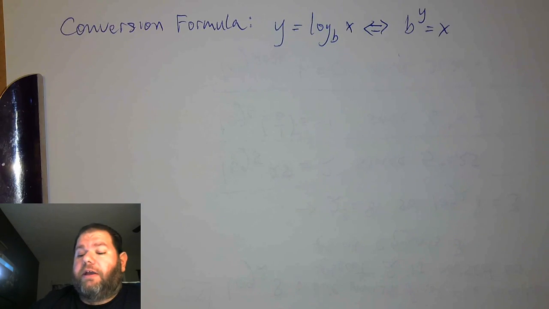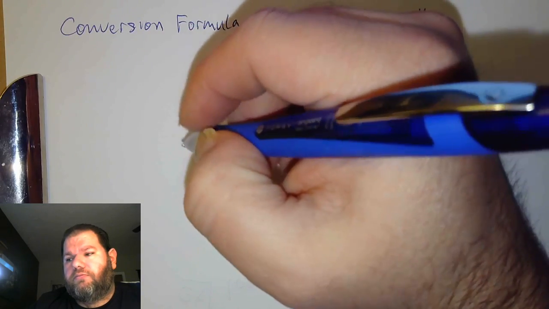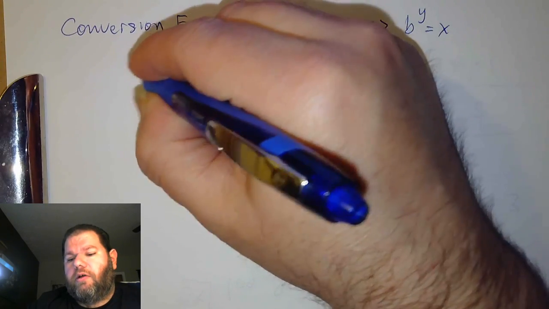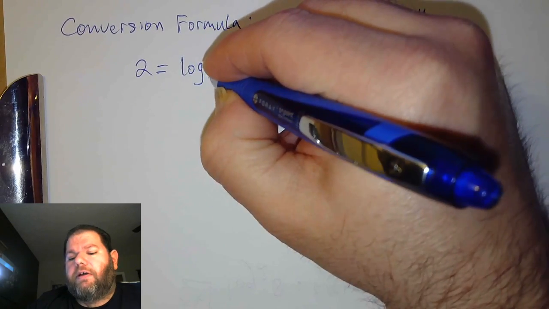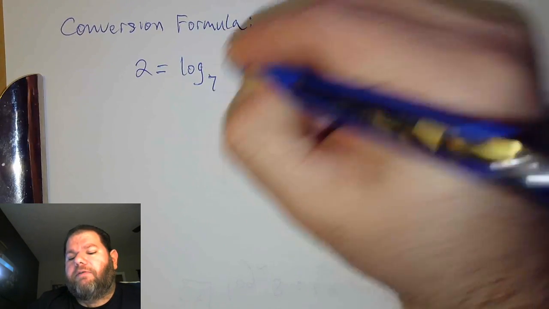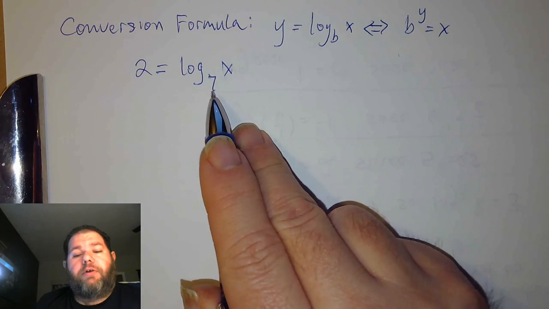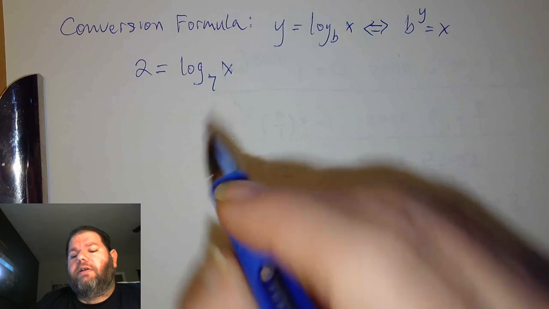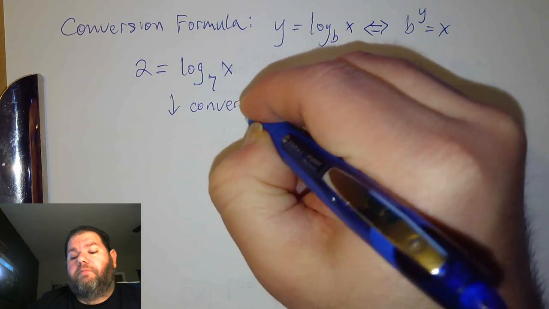For instance, if we had 2 equals log base 7 of x, we're not able to say 7 to what power equals x. What would that be if we convert to the other form?